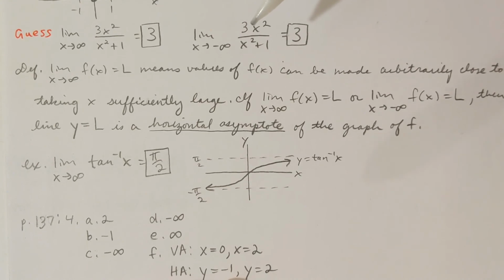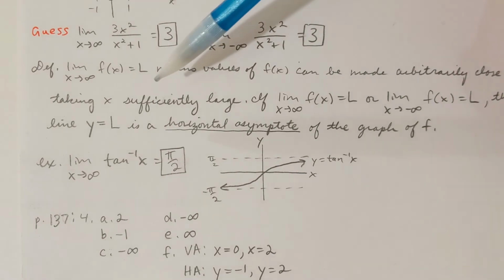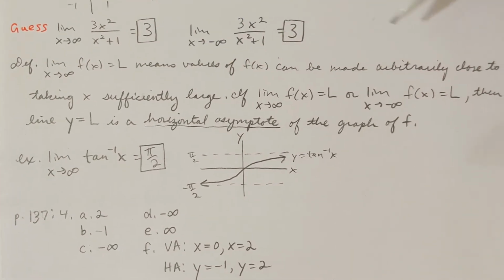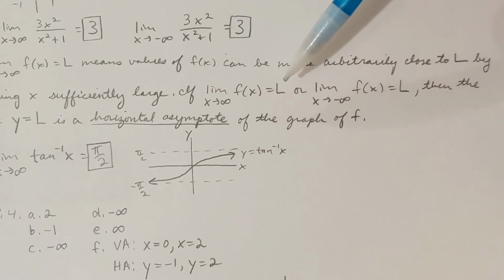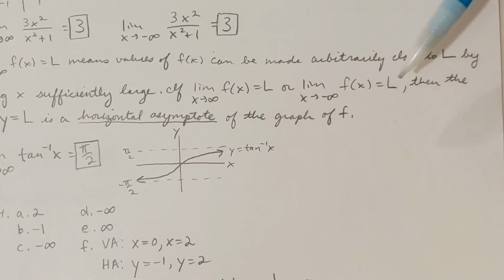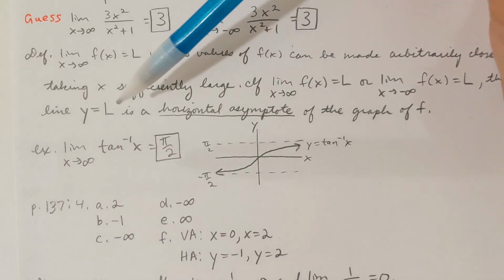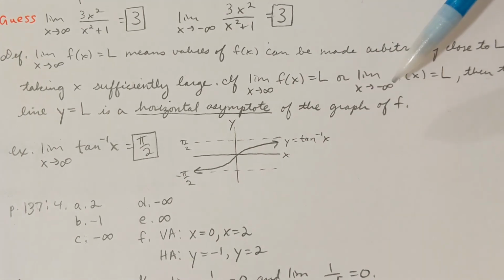Here's a definition. The limit as x approaches infinity of f of x equal L means values of f of x can be made arbitrarily close to L by taking x to be sufficiently large. If the limit as x approaches infinity of f of x equal L, or the limit as x approaches negative infinity of f of x equal L, then the line y equal L is a horizontal asymptote of the graph of f.